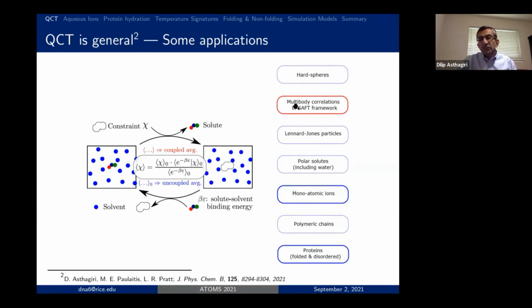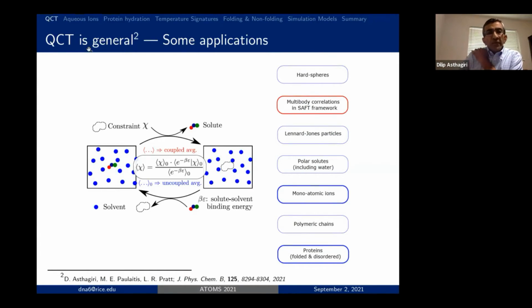This becomes what is known as the cluster expansion or the cluster distribution approach within SAFT. Again, this gives you an indication of the diversity of applications that we have looked at.